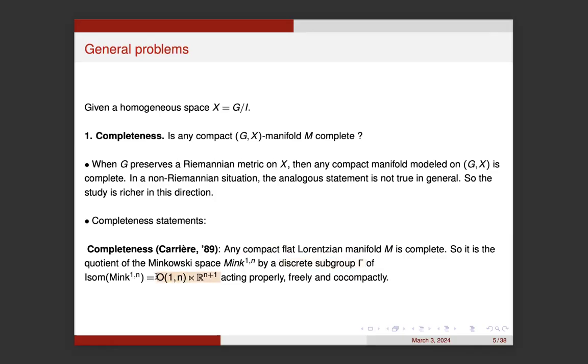And the isometry group is the extension of the abelian group of translations by the linear group, which is the orthogonal group preserving the Lorentzian scalar product on R^(n+1), with Gamma, of course, acting properly, freely, and co-compactly.